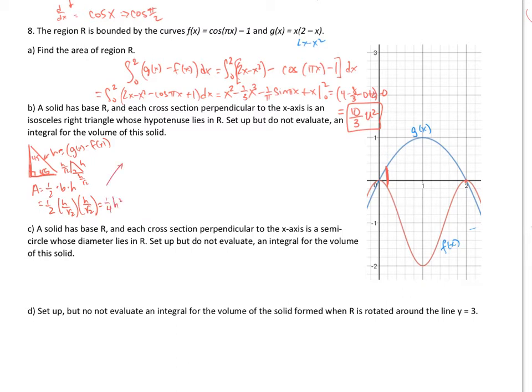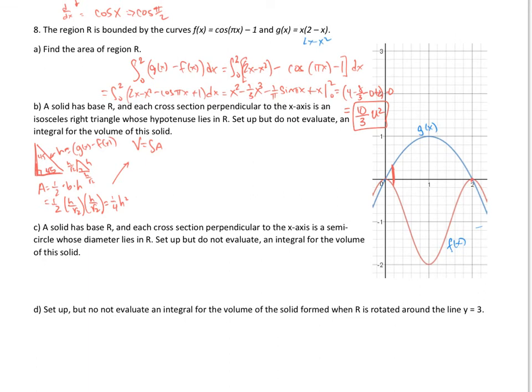So now, the volume is going to be the integral of the area, which is going to be the integral from 0 to 2, and the area is 1/4, and the hypotenuse we know as being the g of x minus the f of x squared dx. So that is our volume.